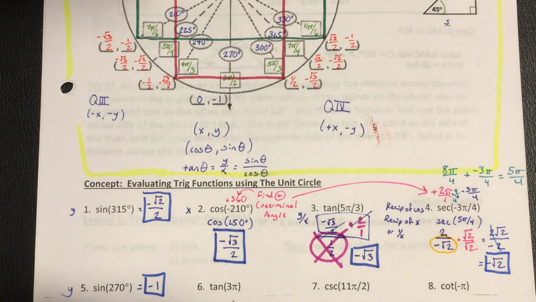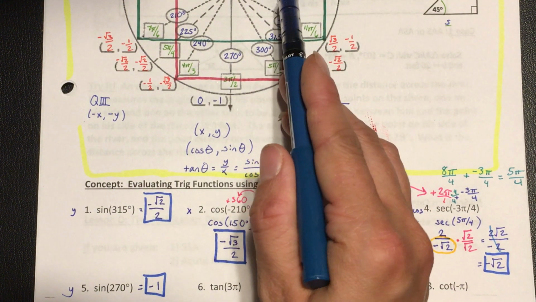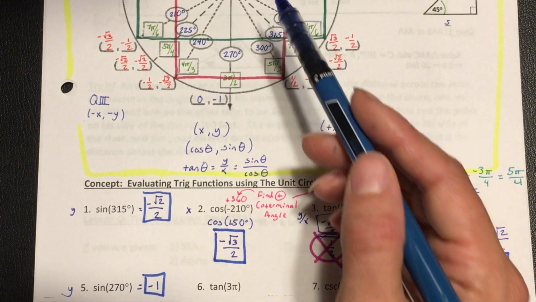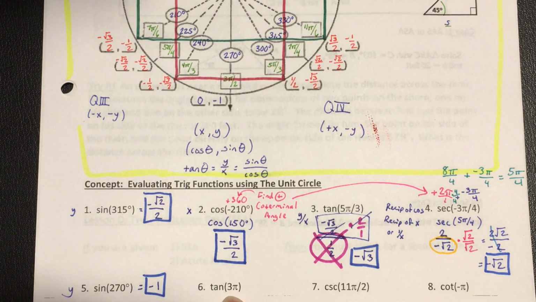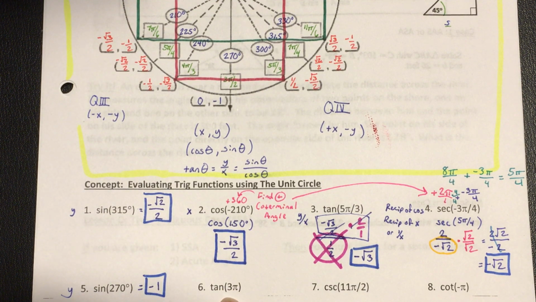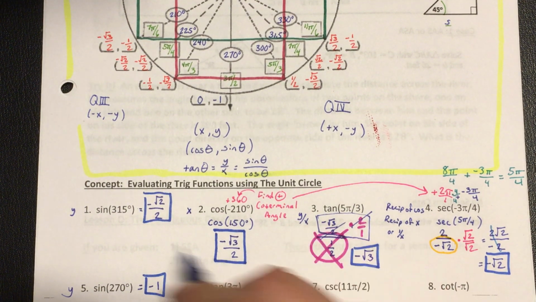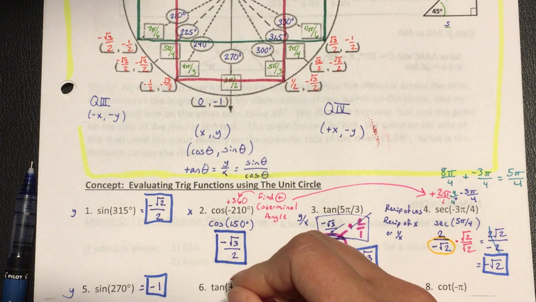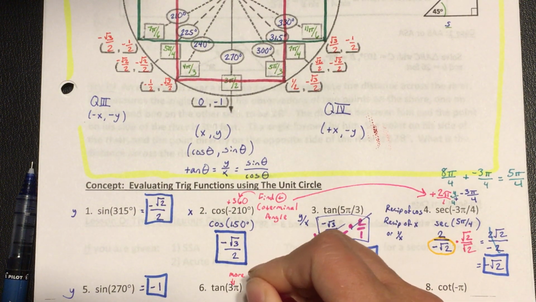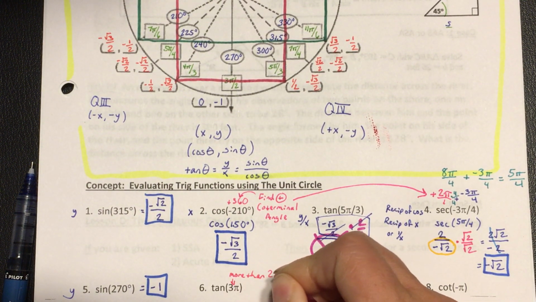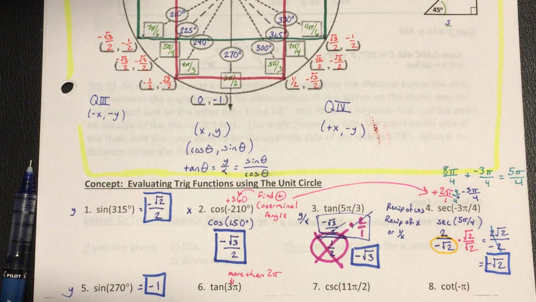But 3 pi, it's not that it's not a tick mark on the unit circle, it's that it's bigger than our unit circle goes. So how big does my unit circle go in terms of radians? It goes all the way up to 2 pi. This is more than 2 pi. So it's beyond the scope of our unit circle.